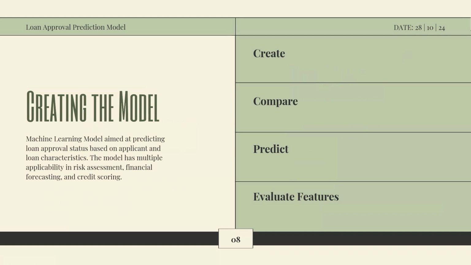So we will create the model, we will compare the different fits, and then we will use it to predict values and also to monitor the features and their importance in approving loans. So with that, let's move on to Python and see how we go through this process.